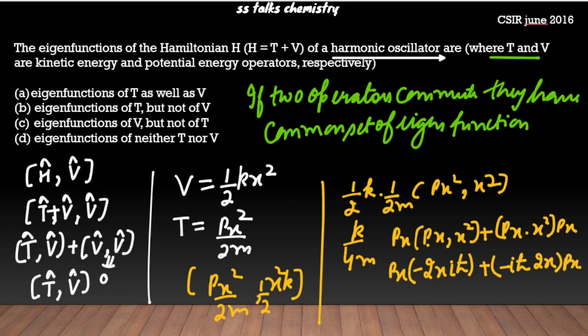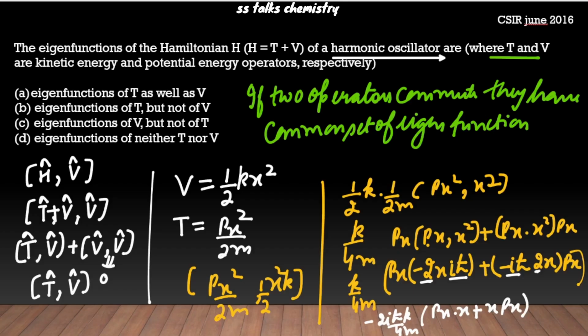Along with this, the constant k upon 4m is present outside. You can take the common factor out: minus 2 iota h cut into k upon 4m. We will be getting px into x plus x into px.